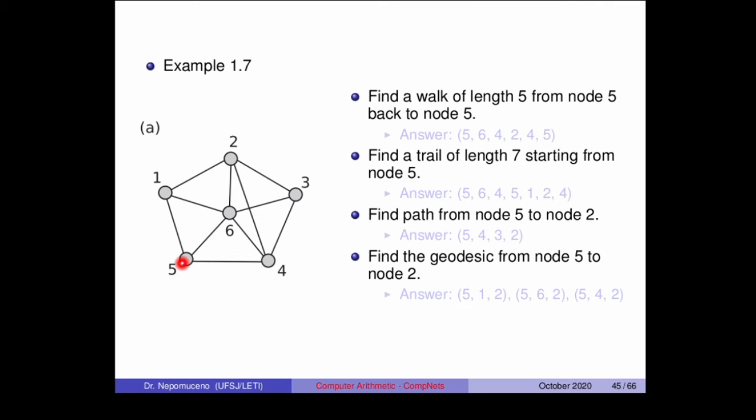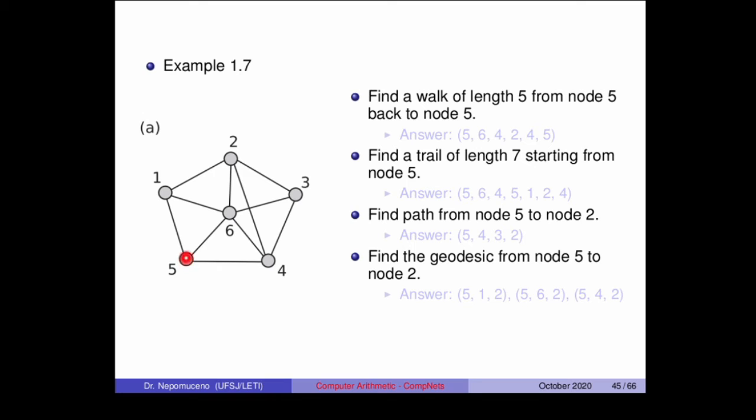Find a path from node 5 to node 2. So you can go 5, and after 4, 3, 2. And find the geodesic from node 5 to 2. You have three other solutions.